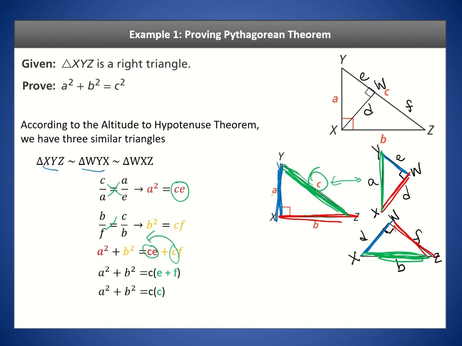How do we know that? If you look at this triangle here, it's the same thing as this C here, which combines the E and the F together. And so C times C is C squared, giving us A squared plus B squared equals C squared. And then the theorem is proved.